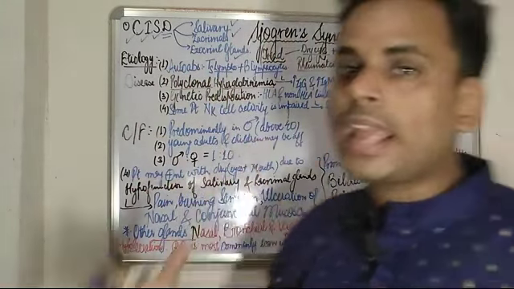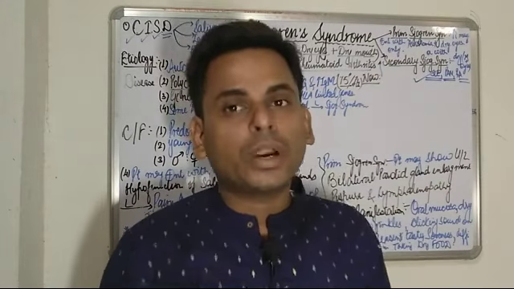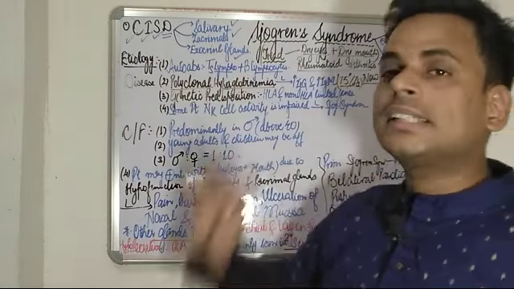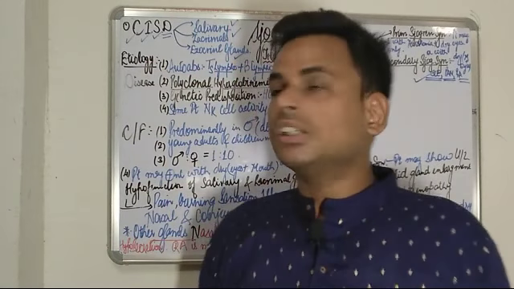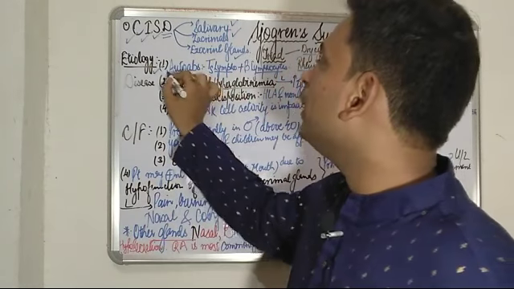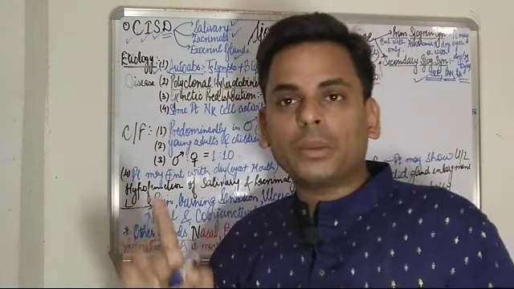So students, while looking at the etiological factors, that is, the causes for Sjogren syndrome, since it is an autoimmune condition, the first and foremost cause to be discussed is the autoantibodies.